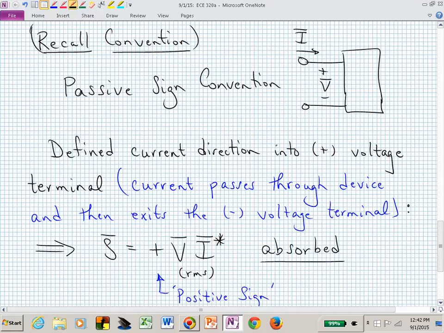And if the current is going in that direction relative to the positive voltage terminal, then we would say that's a positive absorbed power. If it turns out that P ends up being negative, then that particular element is actually supplying that much power. It's absorbing a negative amount of power. Is that clear?